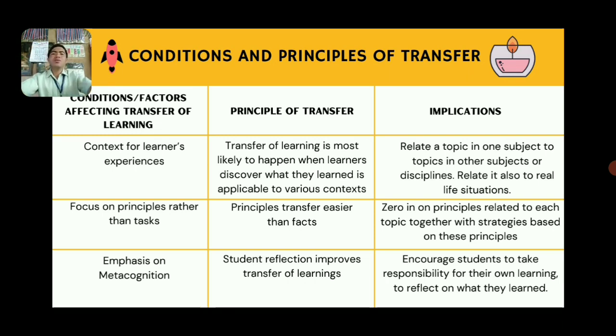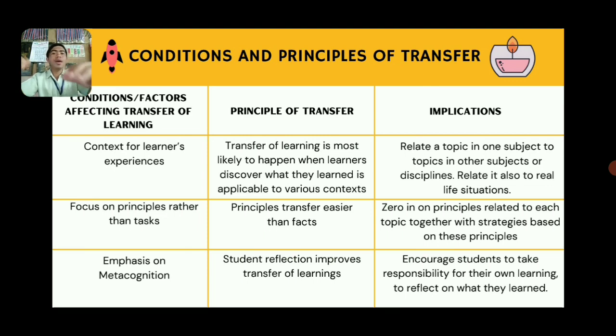It is very important that we let the learner think about the importance of what they learn. What is the importance of learning mathematics in learning physics? Our learnings in mathematics will be useful in learning physics.